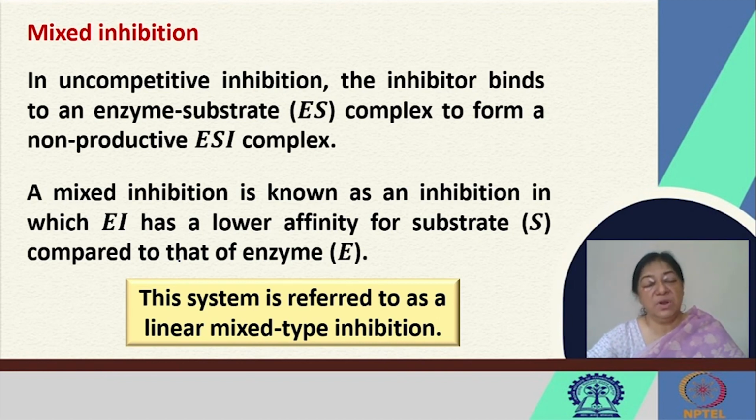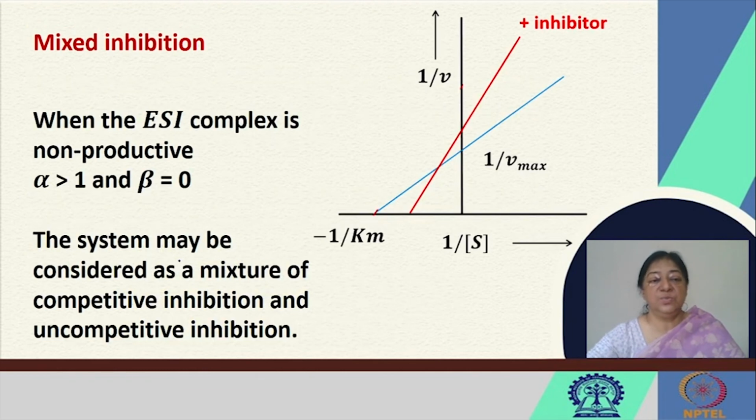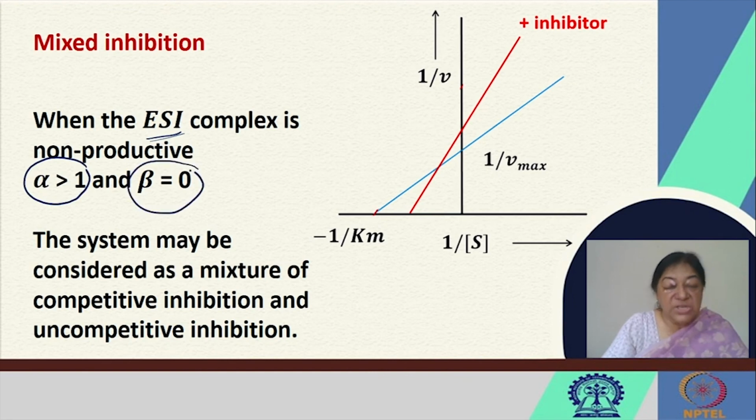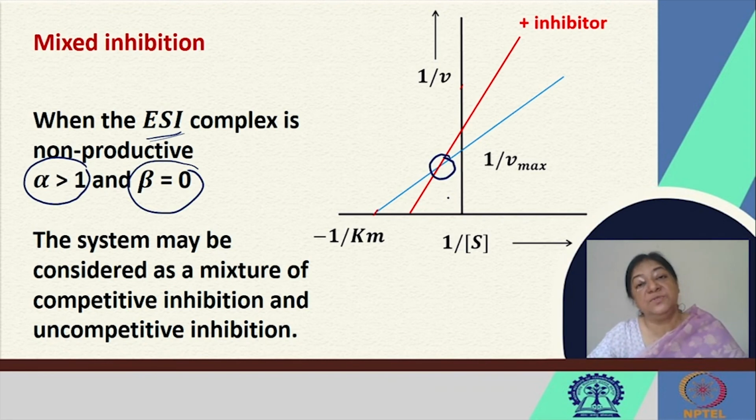We will see what the graphs look like. So this is what happens. This is when we have the ESI complex that is non-productive in nature, and the values of the alpha and the beta associated with the scheme of the inhibition that was described previously give us a set where the intersection is not on the y-axis as was for a competitive inhibitor, not on the x-axis as was seen for a non-competitive inhibitor.